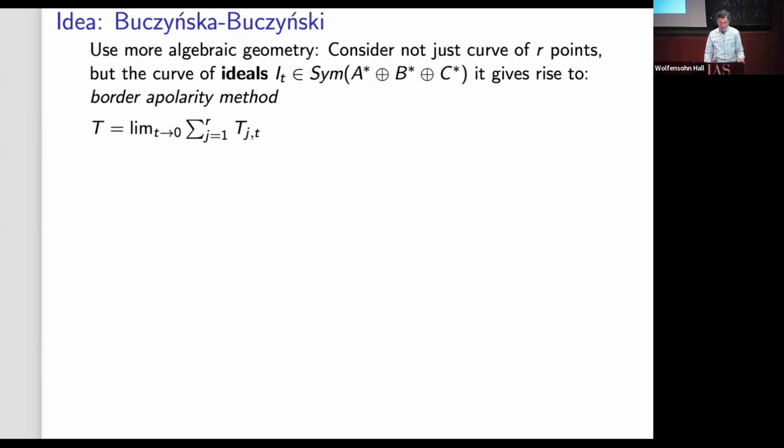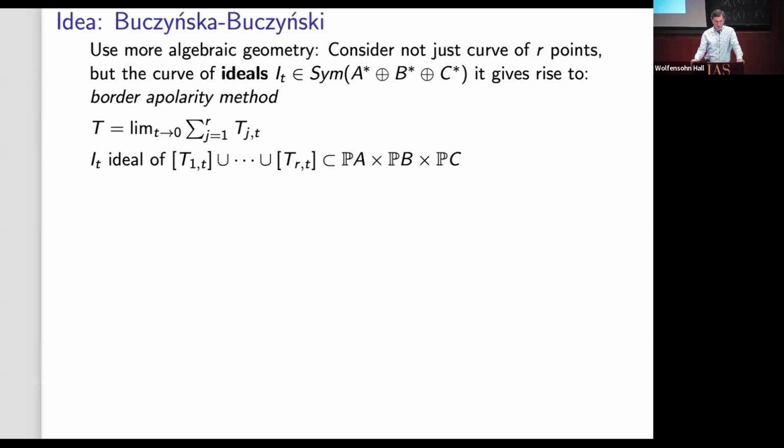And this gave rise to what they call the border apolarity method. So say we had this tensor was a limit of tensors of rank R. I take at each moment in time the ideal of those points, and I consider the limiting ideal. Now here we have another sort of unpleasant fact to face.